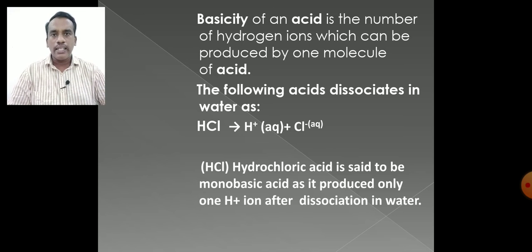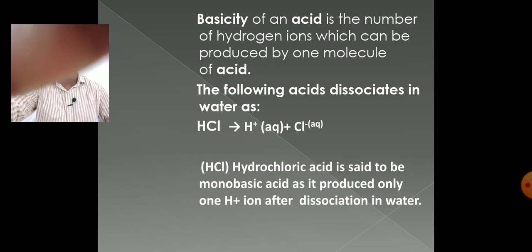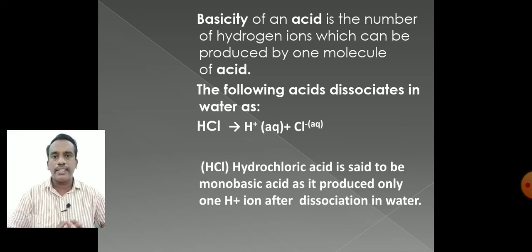Previously we had seen hydrochloric acid had given how many H plus ions? Only one H plus ion. So the number of H plus ions given by an acid will decide its basicity nature.